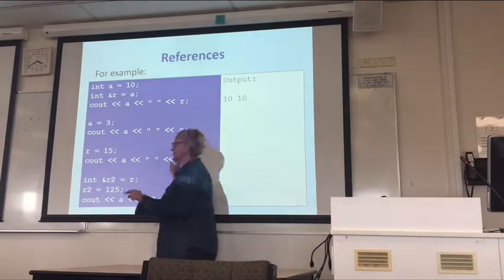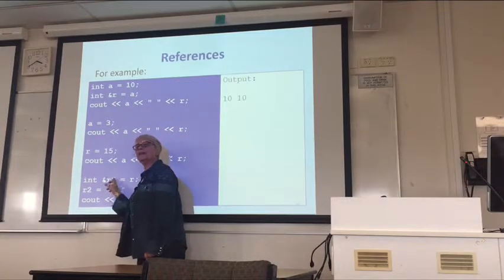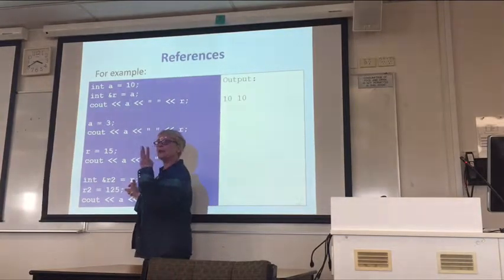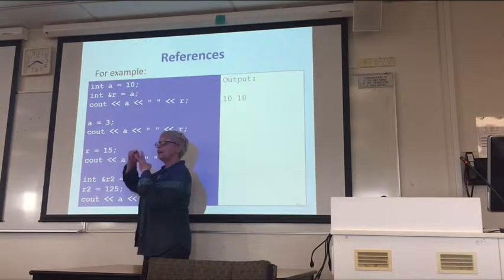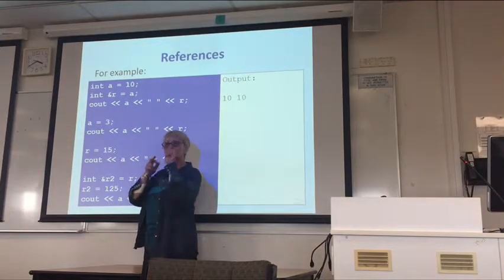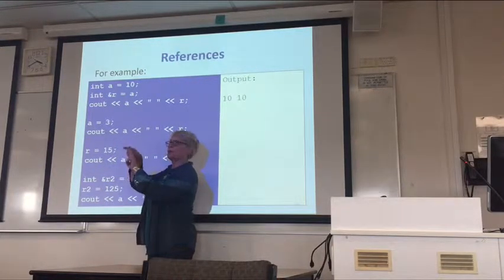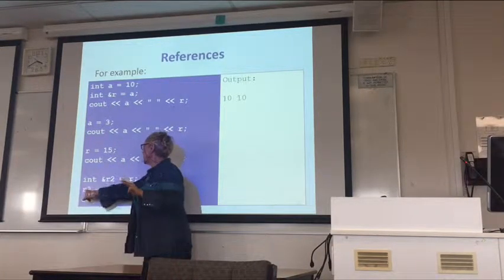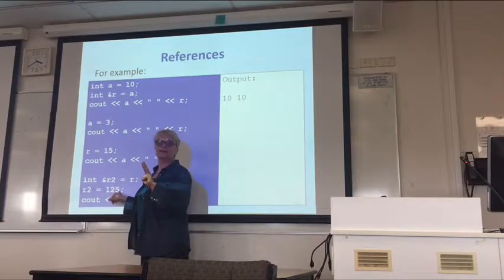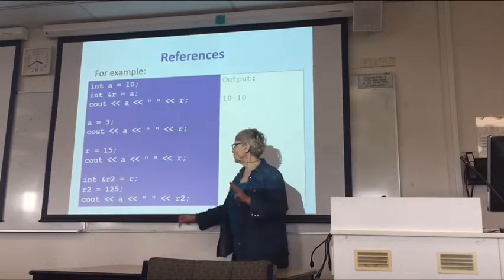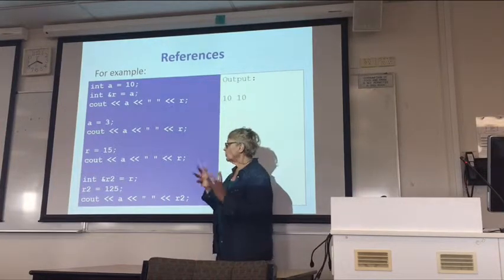And if we are devious, we can have R2 a reference to R. And now we have R, A, R, and R2 the same memory location reference as this. And if we set R2 to 125, we get 125 and 125 here, which would be quite confusing.